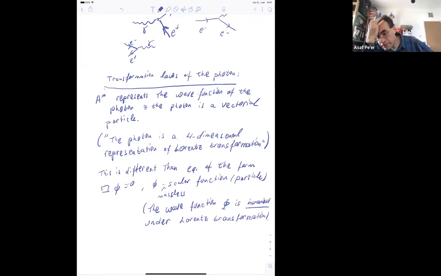Two different observers will describe the photon in different ways. Of course, these are related by Lorentz transformation.